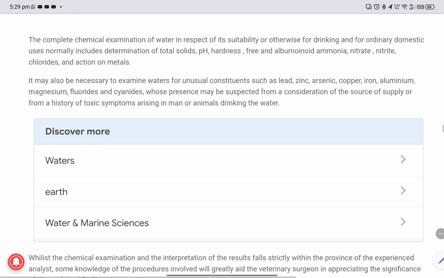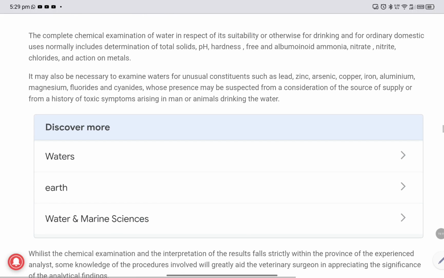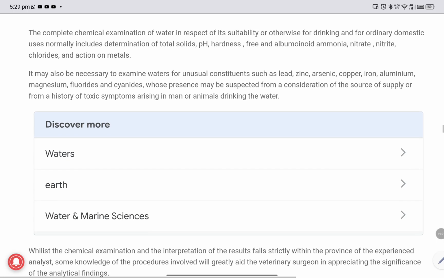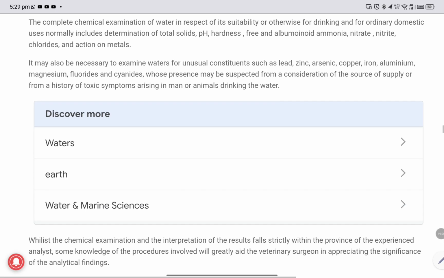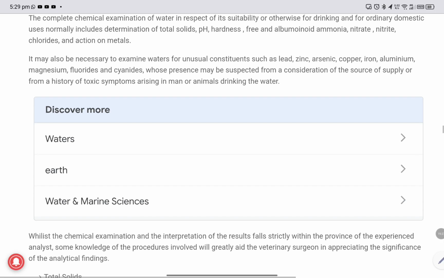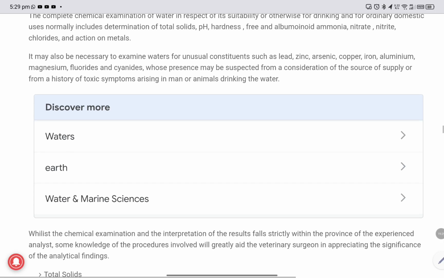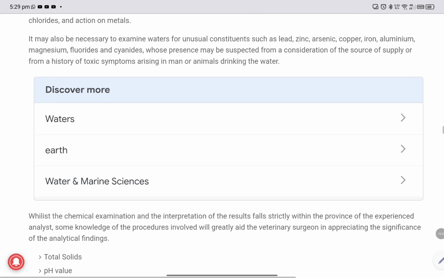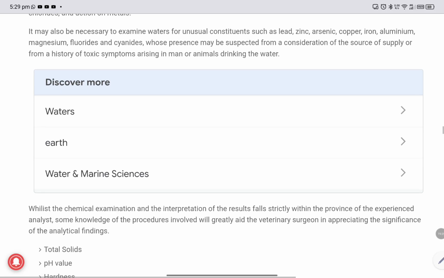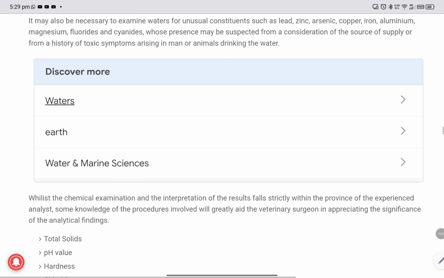It may also be necessary to examine water for unusual constituents such as lead, zinc, arsenic, copper, iron, aluminum, magnesium, fluoride, and cyanide, whose presence may be suspected from a consideration of the source of supply or from a history of toxic symptoms arising in man or animal drinking the water.